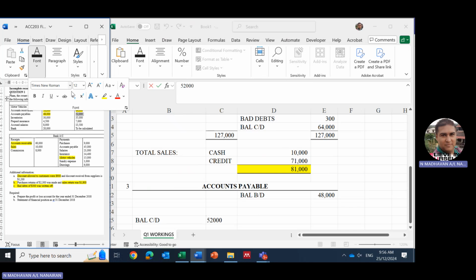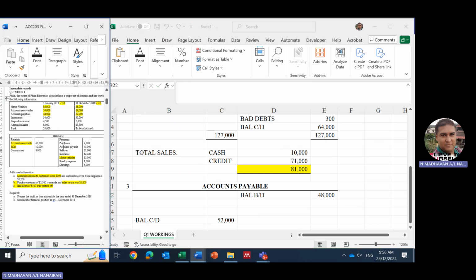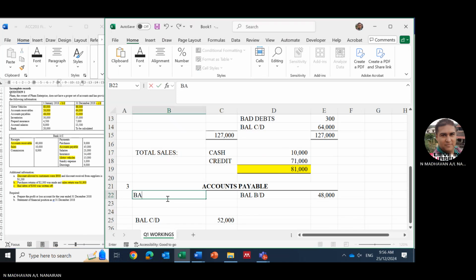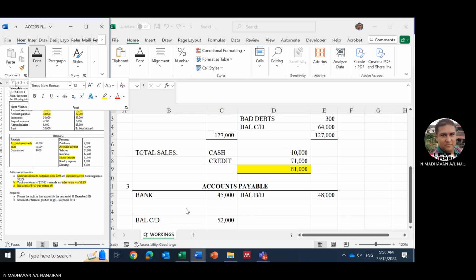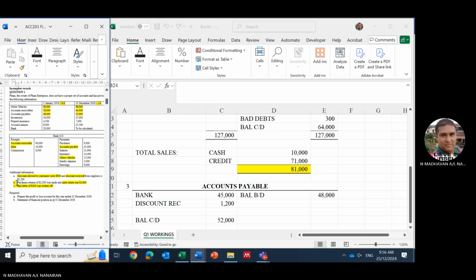Okay, what else go here? Okay, before that, go step by step. You have a payment to accounts payable. How much? Bank is 45. Next, you have discount received. How much? 1,200. Discount received, 1,200. What else do you have?